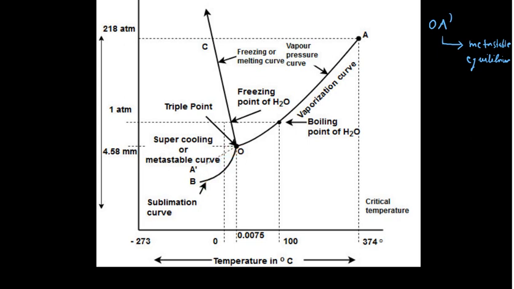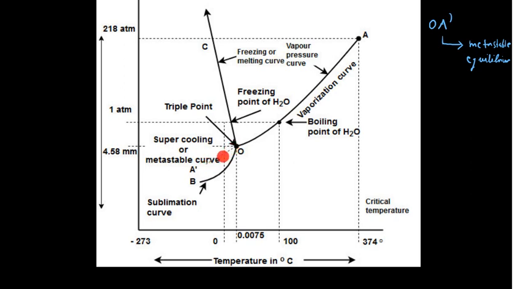What it indicates is that it is possible for any liquid, but since we are discussing the water system, I am focusing on water, but remember it is for any liquid, it is possible for us to cool the liquid very carefully without the crystallization of the ice, having the liquid only.